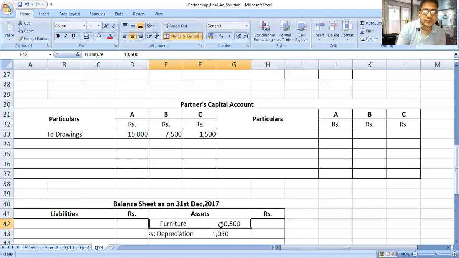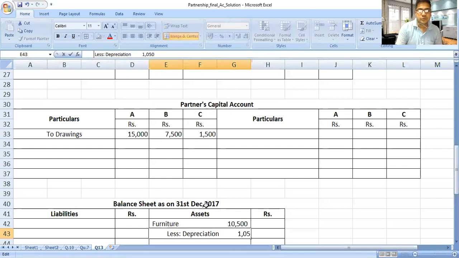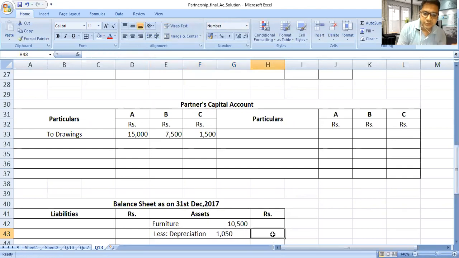This is the depreciation value we recorded. I hope you understood how we will write the depreciation. We put the depreciation as less from our fixed asset, and the rest of the value we show in the outer column, that is 9,450.